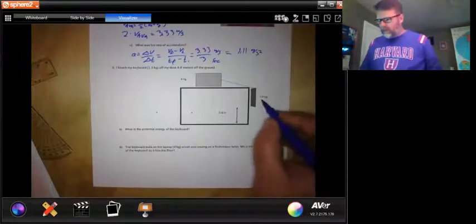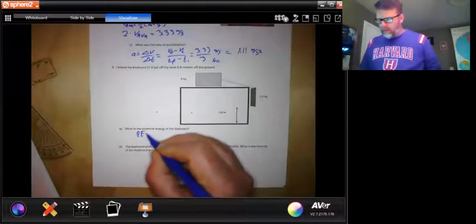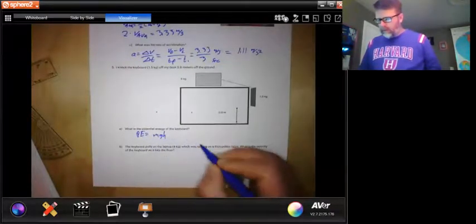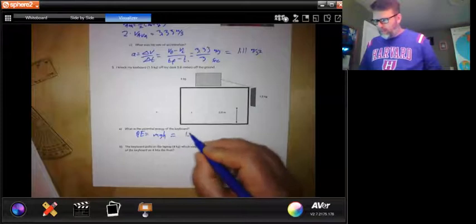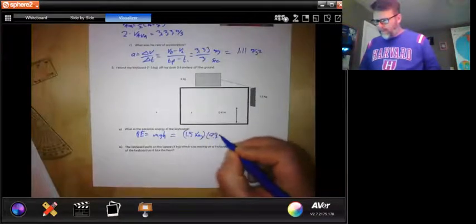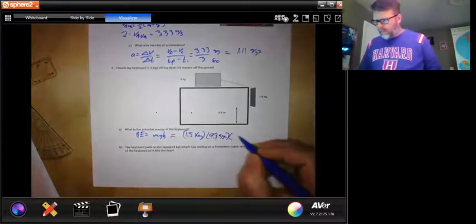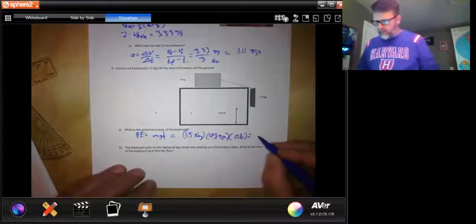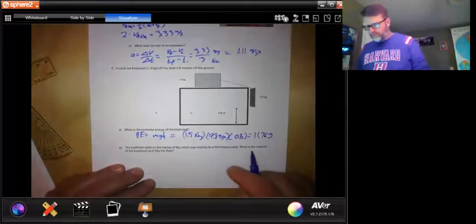So we see PE equals mgh, and so that will be 11.76 joules.